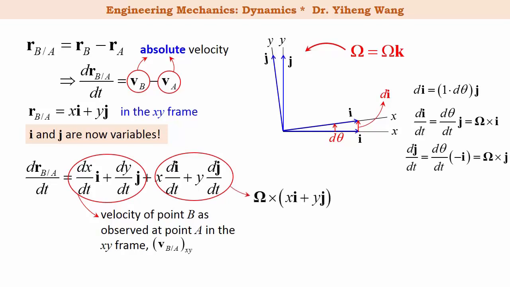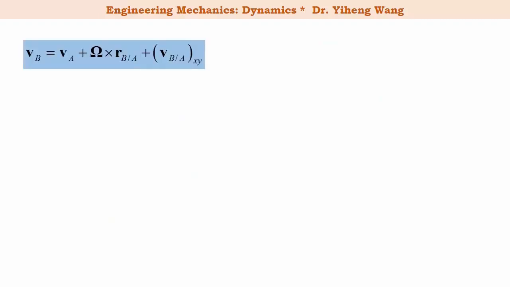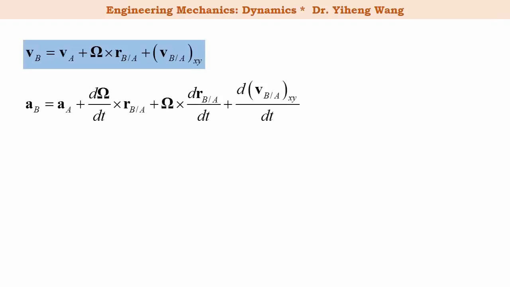Plug them back. Recognize that xi plus yj is the relative position vector of B relative to A. Therefore, we get this equation that relates the absolute velocities of points A and B. I will explain more the meaning of each term in an example later. And similarly, from here we can take the time derivative of this entire equation in order to get the equation that relates the absolute accelerations of points A and B. Notice that we applied chain rule here again.